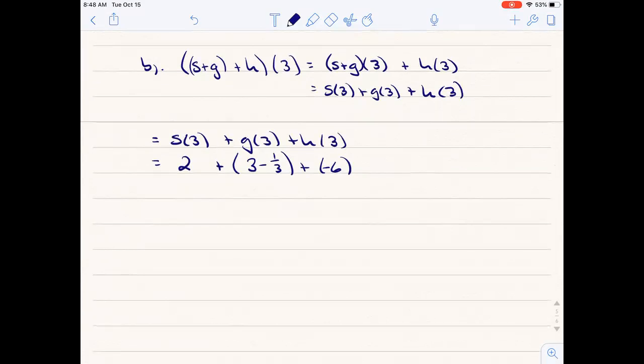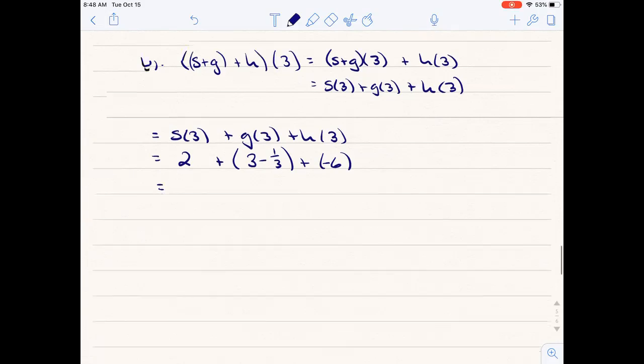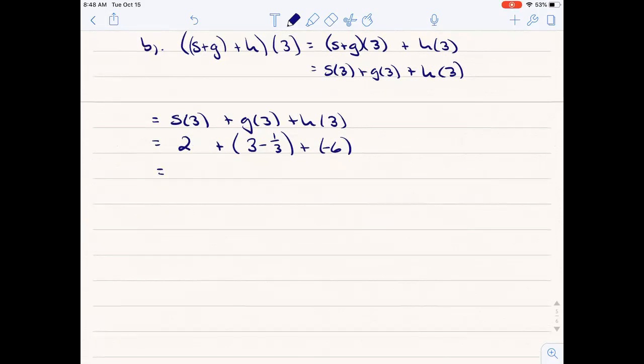So we've got this fraction in here. So I'm going to put 3 minus 1 over 3 over a common denominator of 3, right? And so 2 plus, and then I'll give myself some more room here.